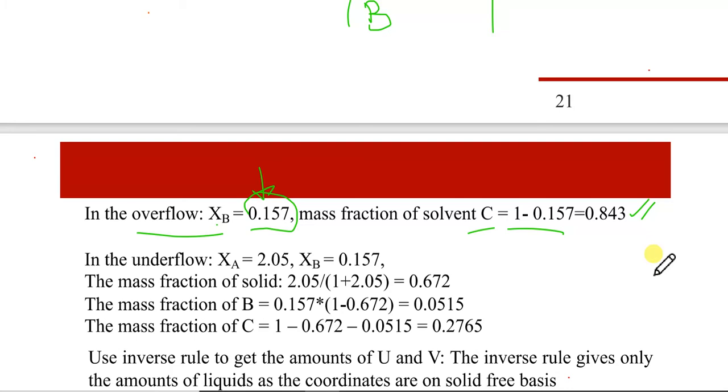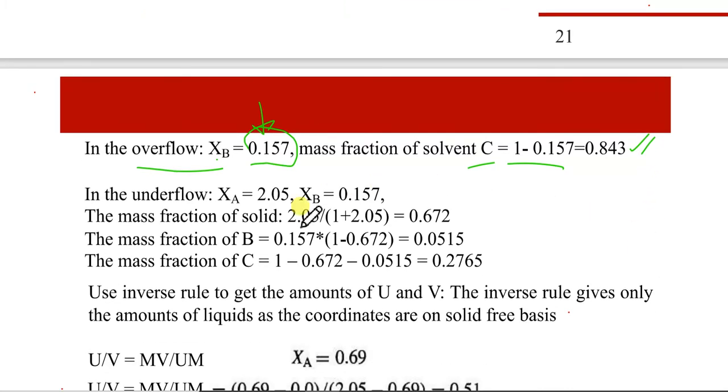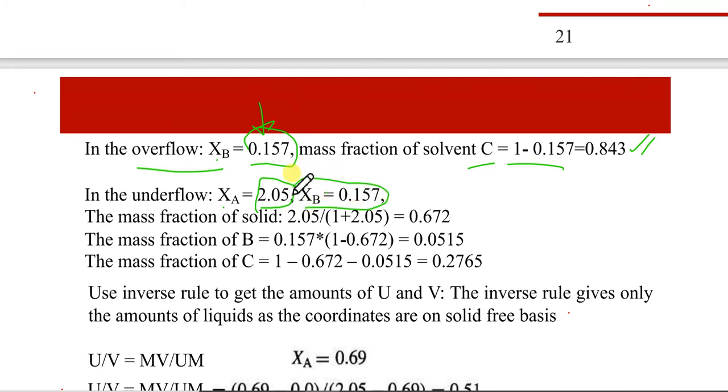This is done. Now in the underflow we have XA 2.05, and XB is the same as overflow.